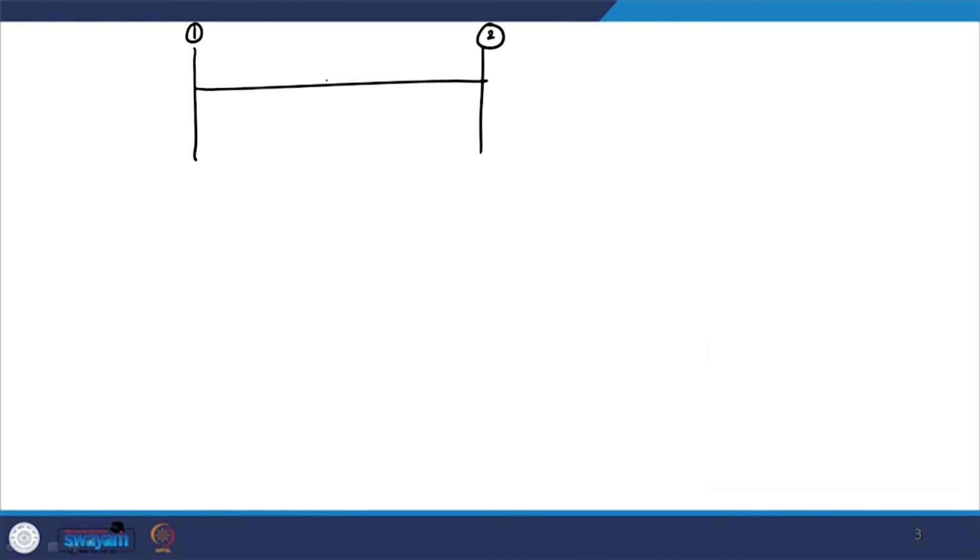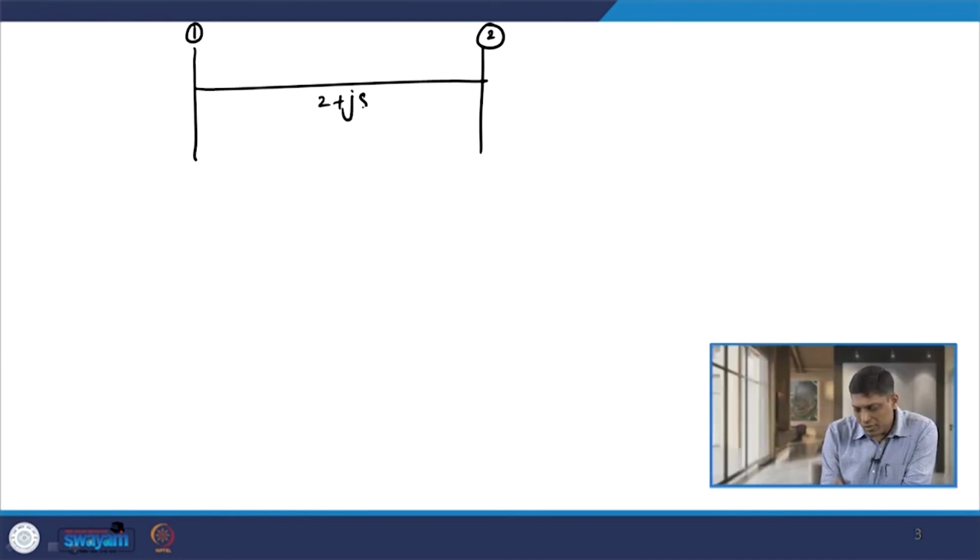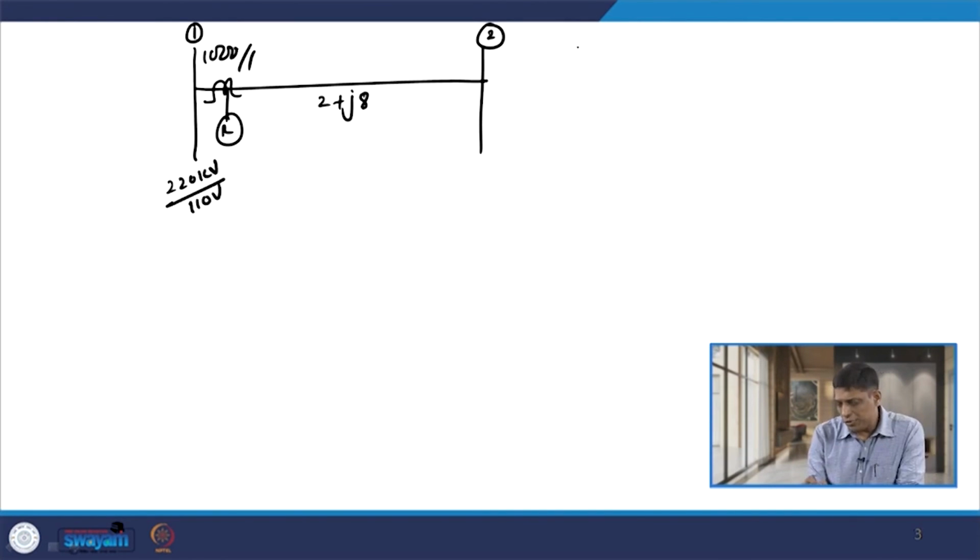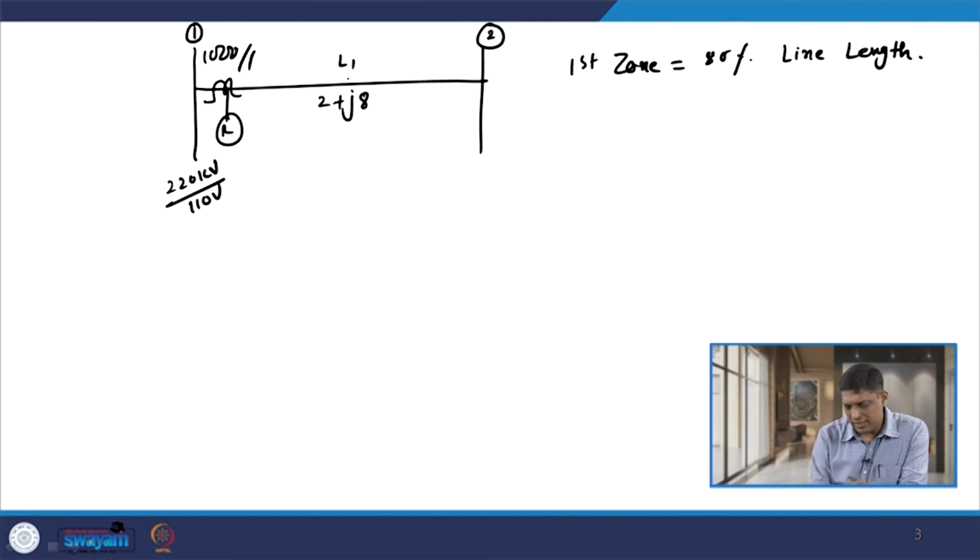Let us consider the line impedance is 2 plus J8, the relay is located here, that is R, the CT ratio is 1000 by 1 and the PT ratio is 220 kV by 110 volt. Now, the first zone of this relay R is 80% of line length. Let us say this is line L1.